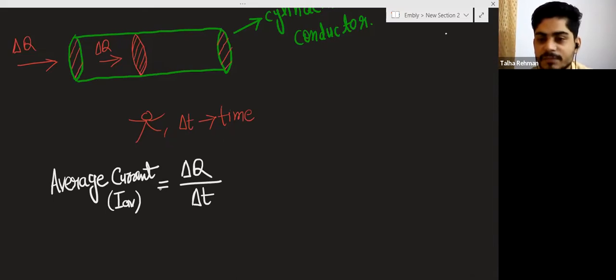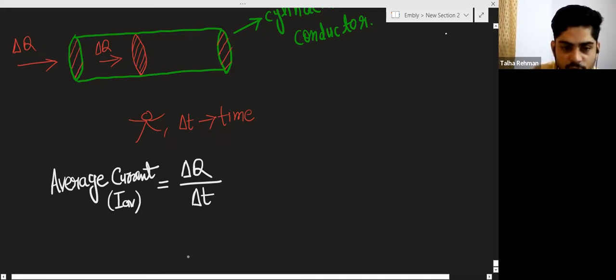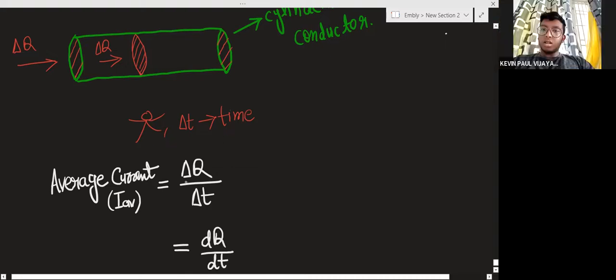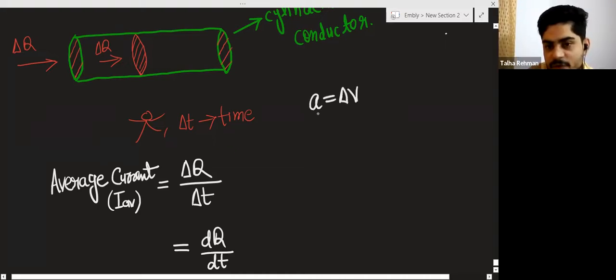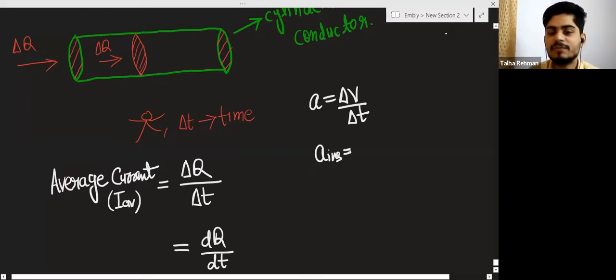At an instant of time, delta t is very small, tending to zero.